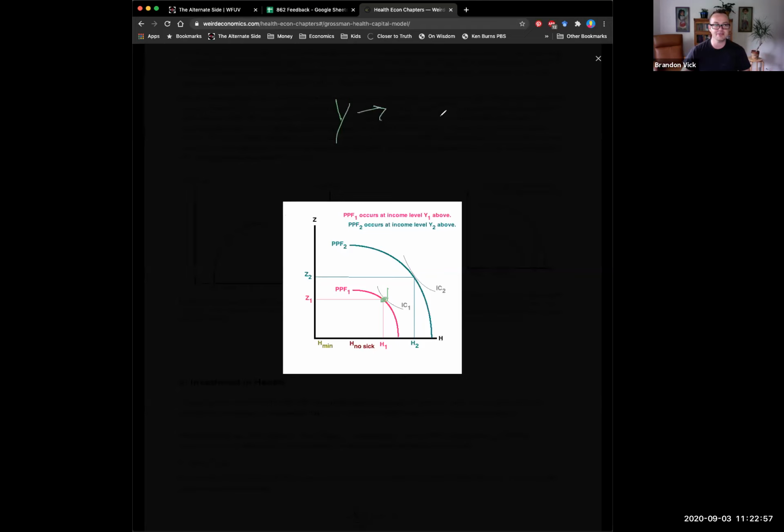Y allows me to buy more. More Y allows me to buy more M goods, which allows me to attain greater health. Also, Y allows me to buy more J goods, which allows me to obtain more Z. That's moving me from PPF1, where I have a limited ability to generate H and Z because I have limited resources.